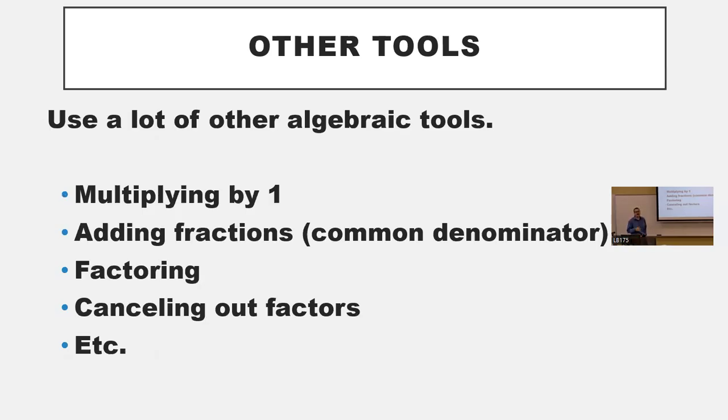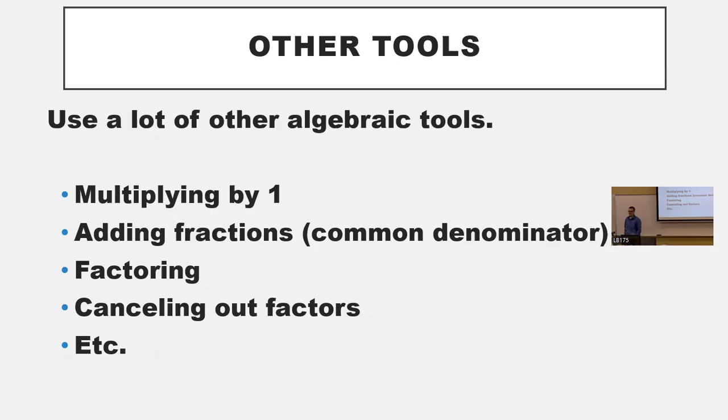Now, the other algebraic tools that we're going to use, we have reciprocal identities, quotient identities, Pythagorean identities, even odd identities. The other tools that we're going to use, at least in this section, are just standard algebraic tools. I want to be able to multiply both sides of a fraction by 1, multiply the numerator and denominator by the same number.